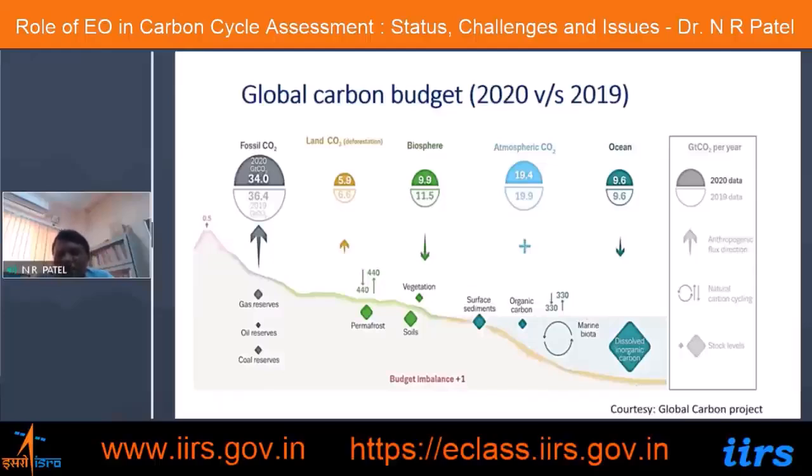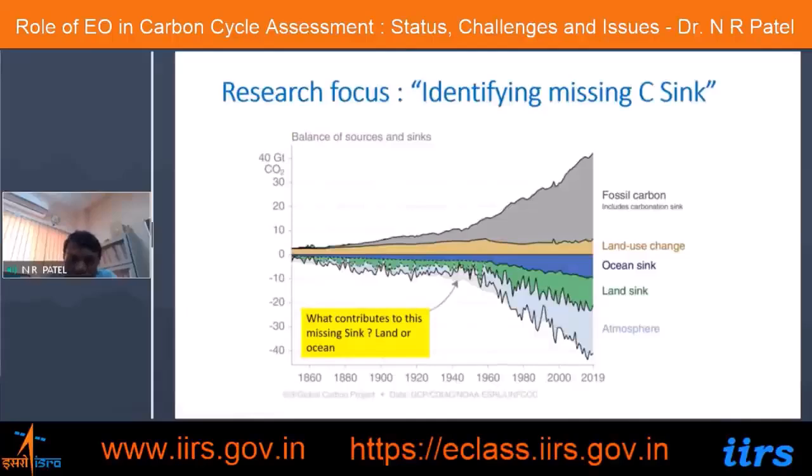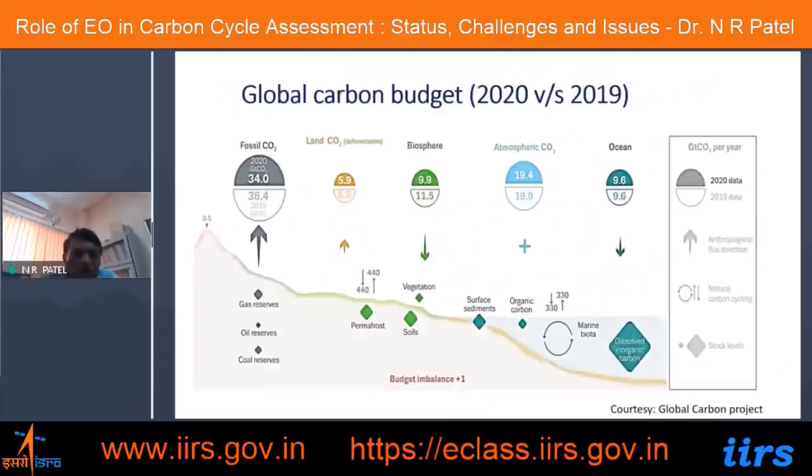So emission has reduced because of the lockdown put in place across the world. And this is a true story that in 2020 fossil fuel emission has reduced. The top box is 34 gigaton carbon as compared to 36.4 gigaton carbon in 2019.